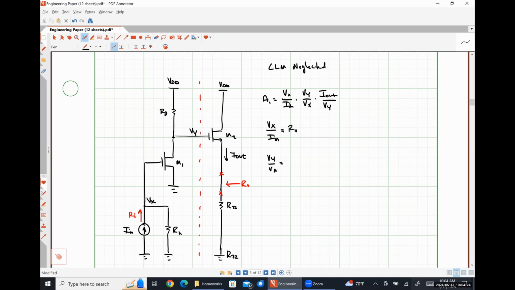Negative GMRD. So figuring out I out over Vy is going to be a little more difficult here.